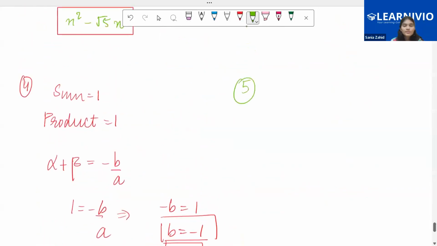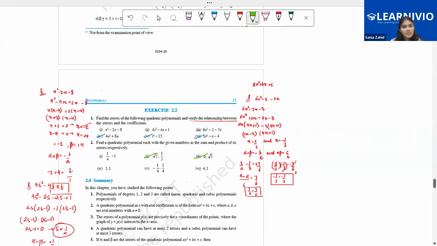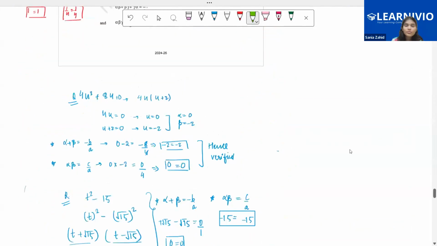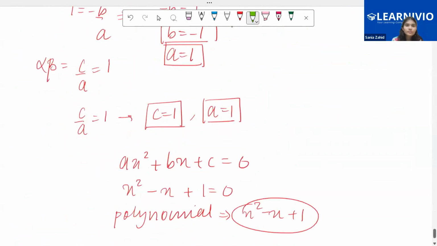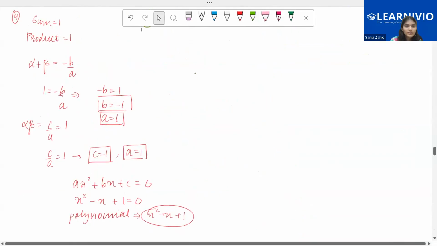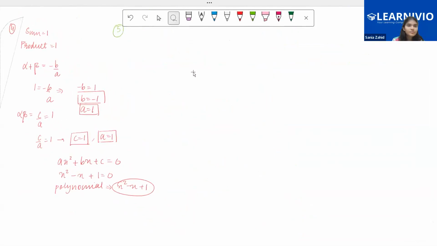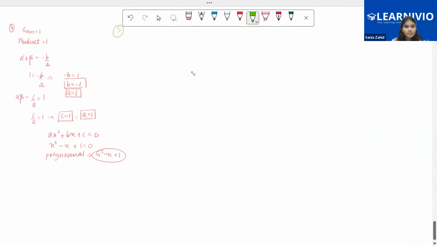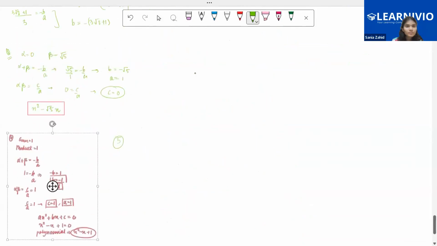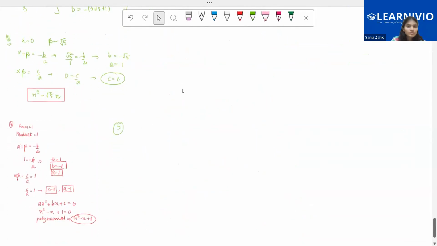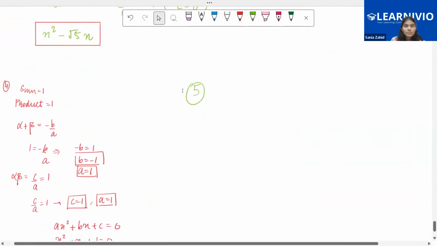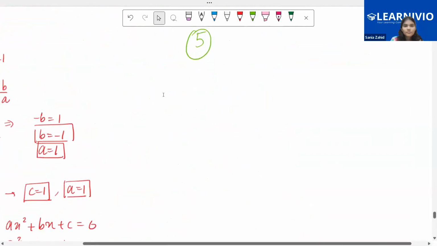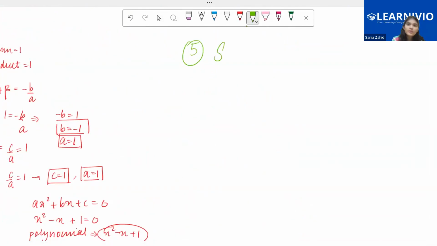Now we come to the next part, the fifth question. The fifth part was the sum is -1/4 and product is 1/4. So sum is -1/4, product is 1/4.